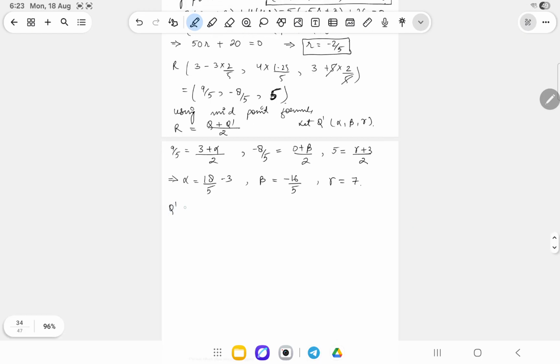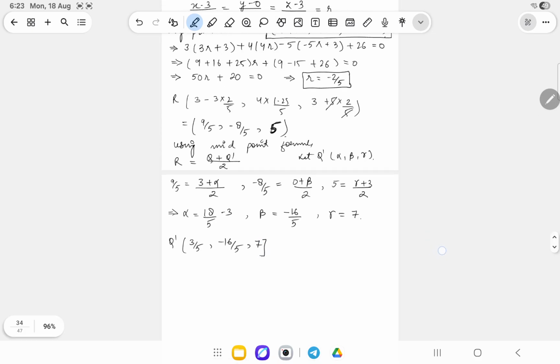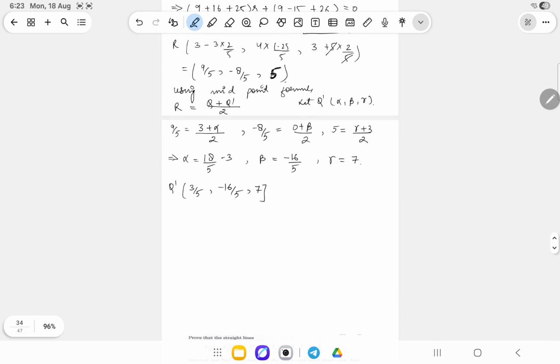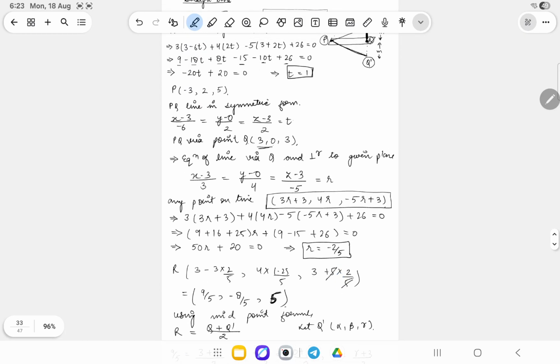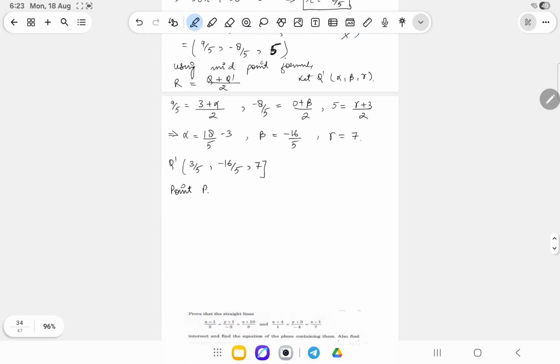So my q dash point is 18 minus 15 which is 3 by 5 comma minus 16 by 5 comma 7. This is my q dash point, and we have already calculated point P. So point P is this one, minus 3 comma 2 comma 5.